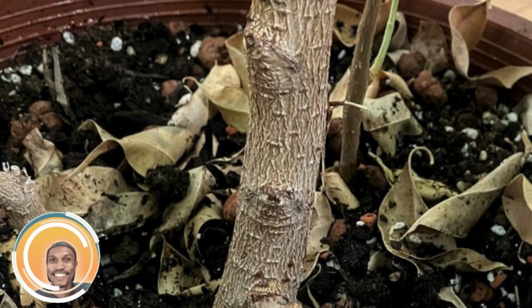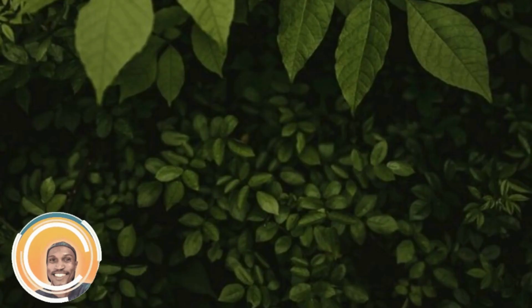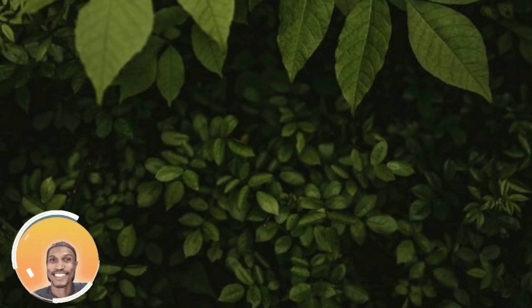And remember now, falling off the foliage may not necessarily mean that the plant is not getting enough light. There could be other reasons why. So you have to observe the plant and then diagnose what the problem is and treat it accordingly.